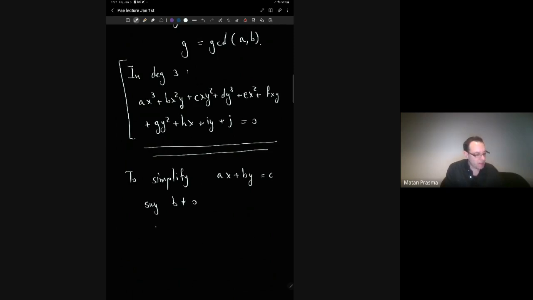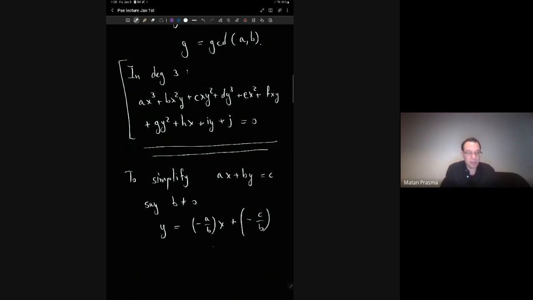Then I can write it as y equals minus a over b x plus c over b.